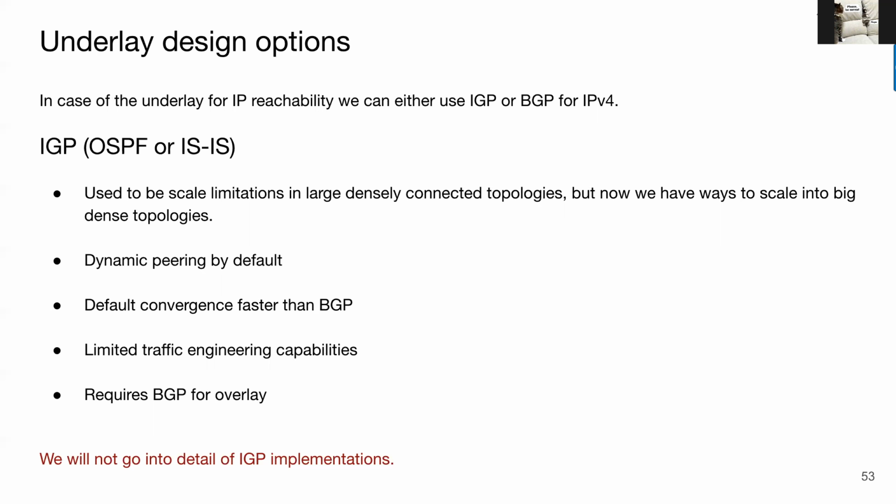Here, if we start with pros and cons of an IGP, such as OSPF or ISIS, it says that there used to be scale limitations, but now we have ways to scale into these big dense topologies, so you don't necessarily immediately rule out one of these IGPs.